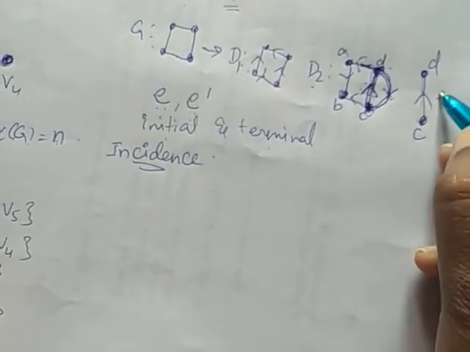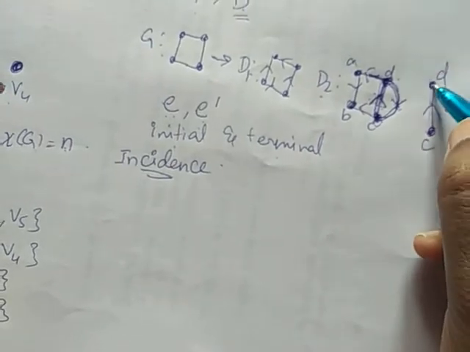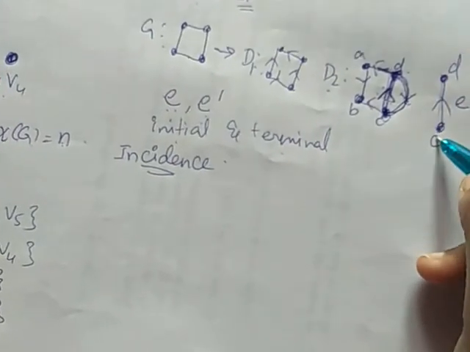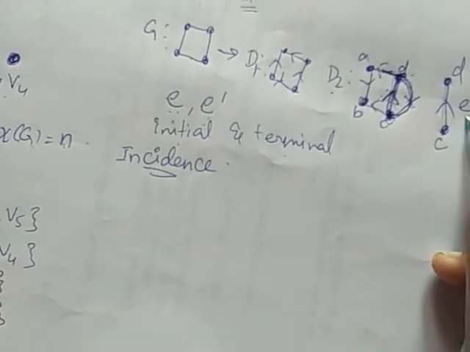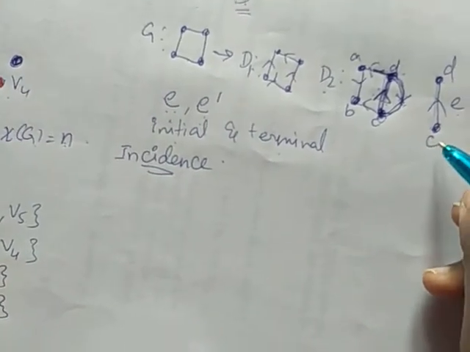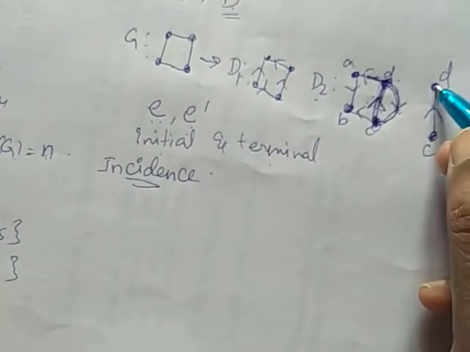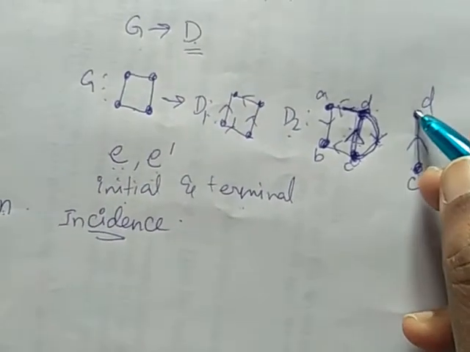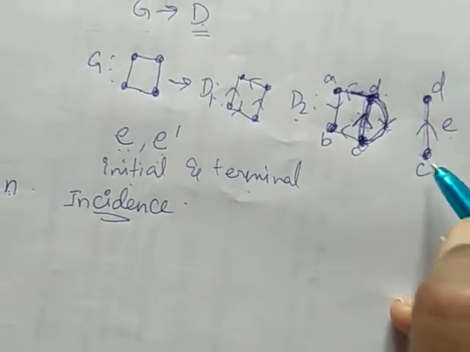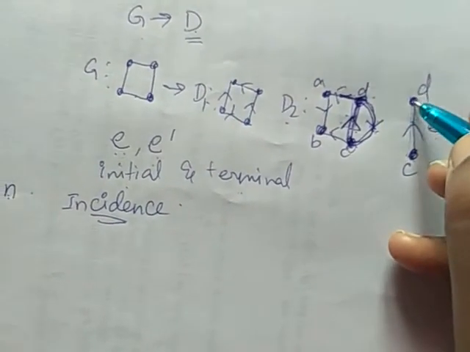This edge E begins at C and terminates at D. We say that E is incident out of C and incident into D. I repeat, incident out of C and incident into D.